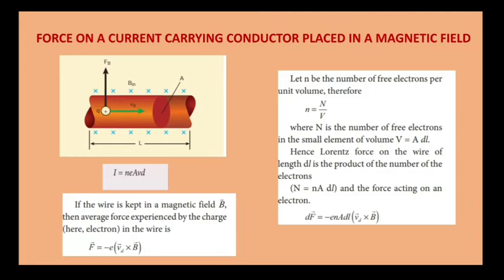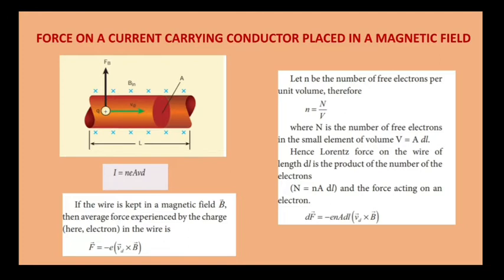Then take a small segment of conductor of length dl with cross sectional area A and current I. The free electrons drift opposite to the direction of current. So the relation between I and the magnitude of the drift velocity Vd is I is equal to nеAVd.